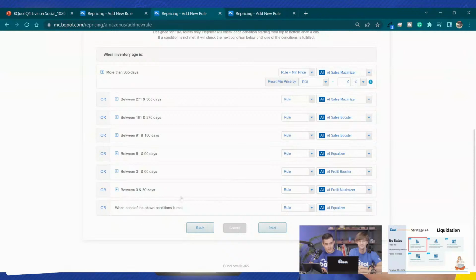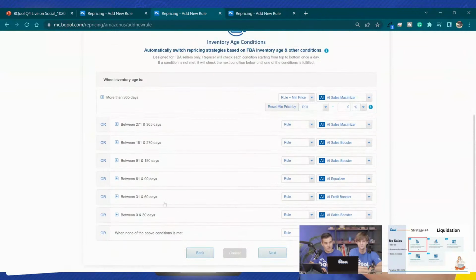Then between 0 and 30 days, when you first ship your products into Amazon, we can put it into maybe the AI profit booster. Again, this is the default out of the box, which works very well.